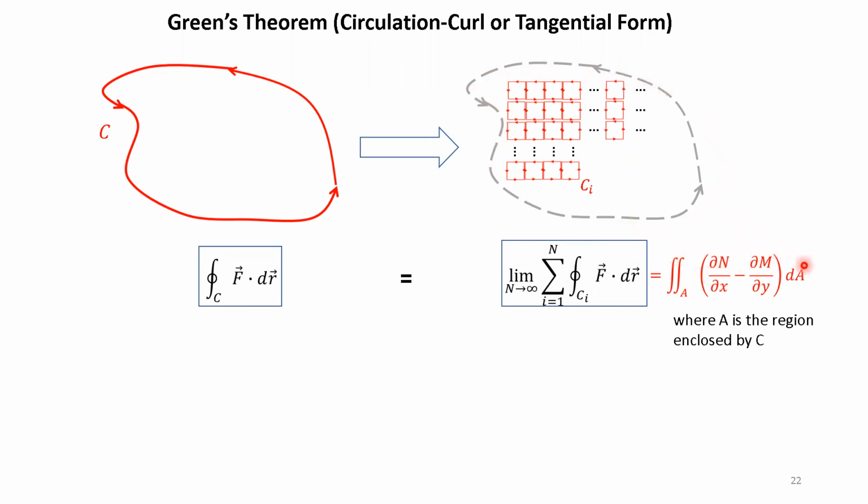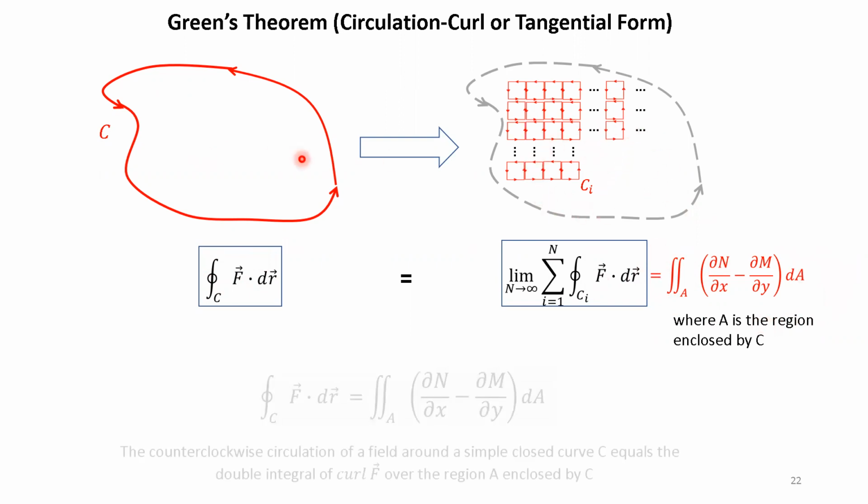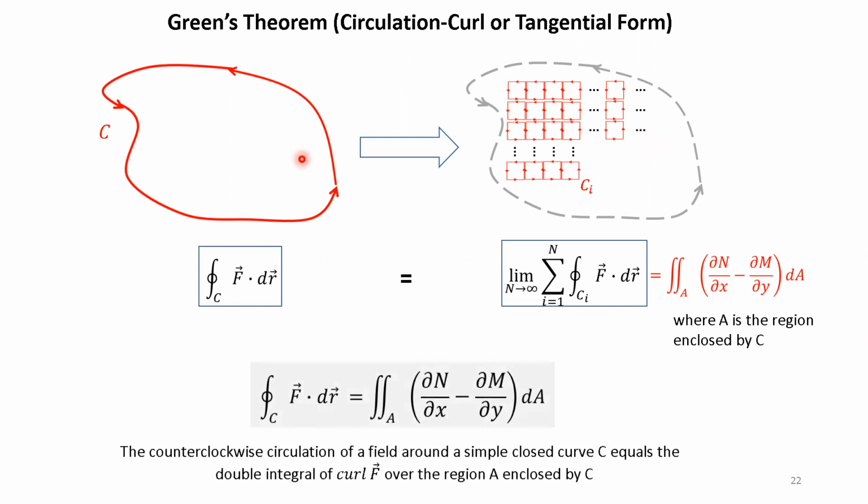This double integral over a region is something that we learned in the last chapter. Now you'll see that suddenly we were doing a line integral, and it is converted to a double integral over the region enclosed by the loop. This is known as Green's theorem.